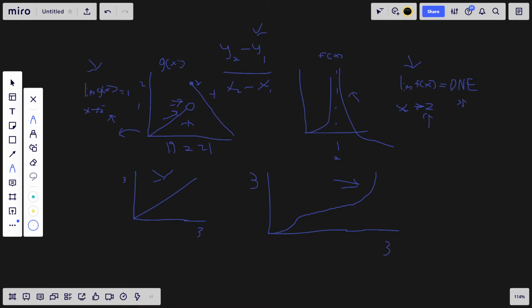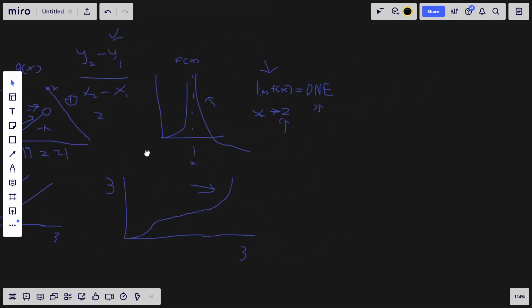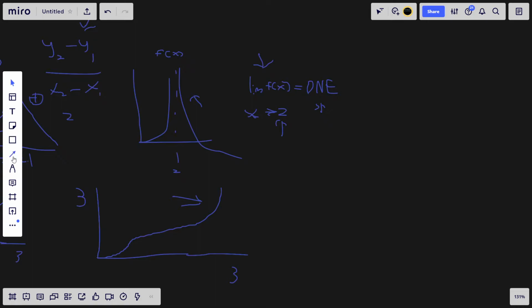So you'd say function g of x, as it approaches 2 from the left side, sorry, from the right side equals 1. And that's basically all you have to do. And of course, if it were from the right side, the positive side, it would be 2. I should write that in a better way since this is going to be the thumbnail, but at least you'll know what happened when you look at it now in retrospect.